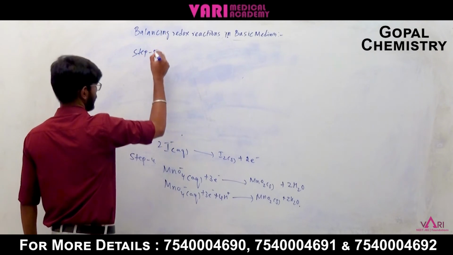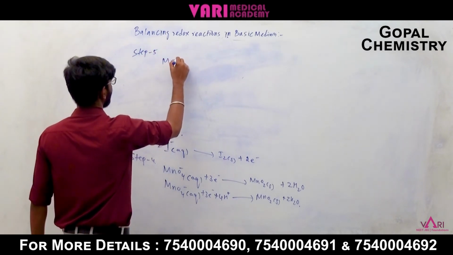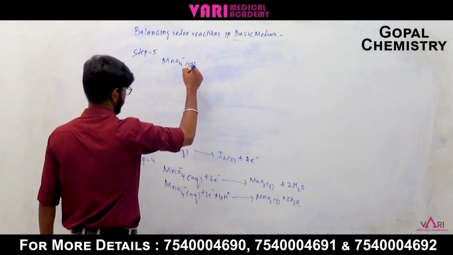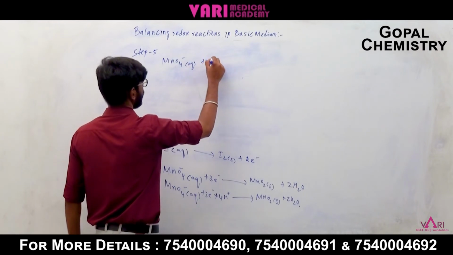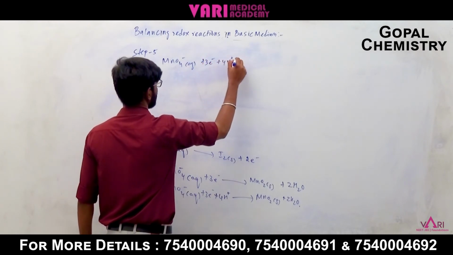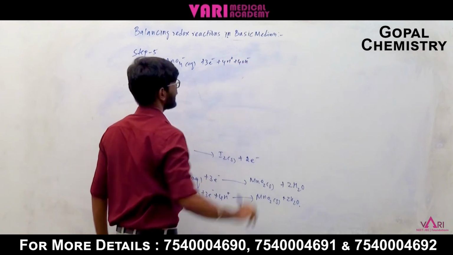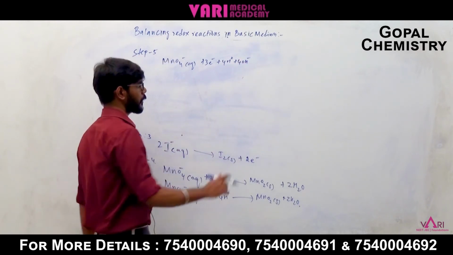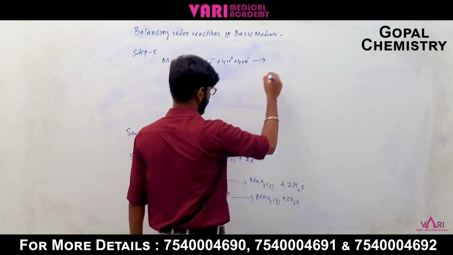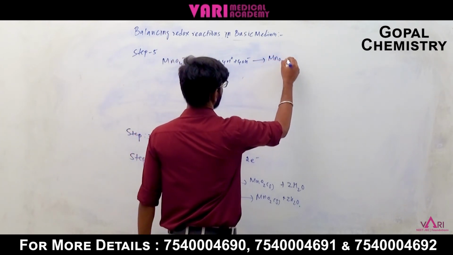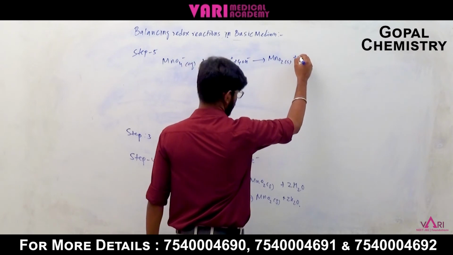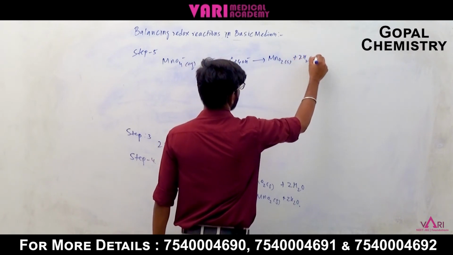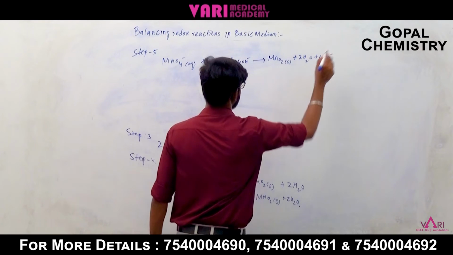Step 5 is MnO4 minus aqueous plus 3 electrons plus 4 H plus plus 4 OH minus. Since it is in basic medium, we have to add equal OH minus ions on both sides. So it gives MnO2 solid plus 2 H2O plus 4 OH minus.